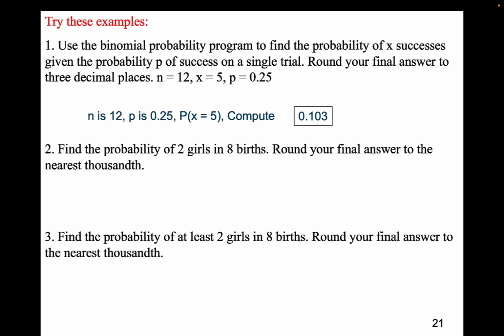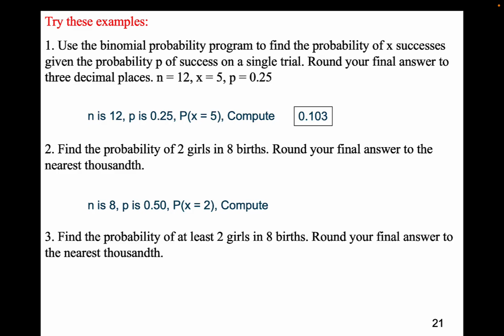Let's see how you did on number 2. Find the probability of 2 girls in 8 births. Round your answer to the nearest thousandth. So if you use the program with n equals 8, lowercase p is 0.50 here. We know that. The probability of a birth resulting in a girl, 1/2.